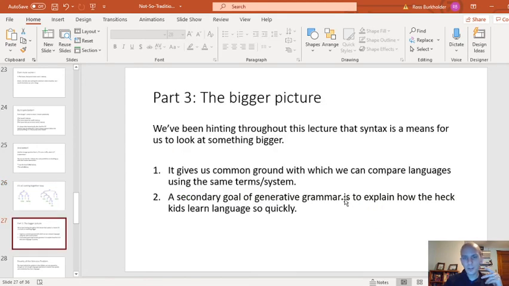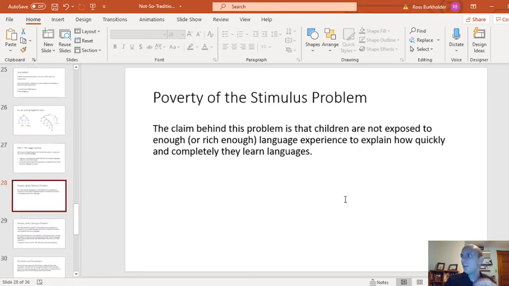But can we go further and say there are actual shared rules? And the reason people want to explore this question is because they want to use it to explain a problem that has arisen in linguistics. And the problem is this.